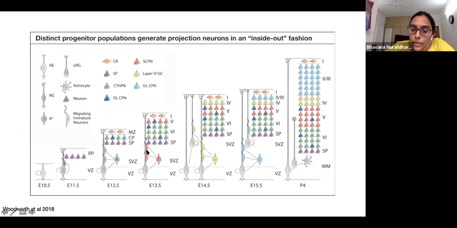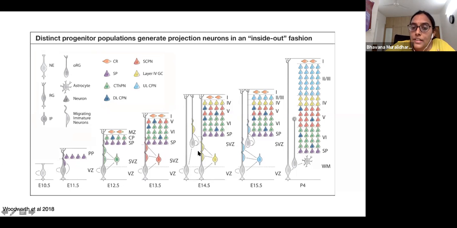There is this migration of the daughter cell through the radial glia, and then there is migration through all of these layers and going and sitting on top, and so on and so forth. So you make layer 6, then you make layer 5, which migrates past layer 6 and sits on top. You make layer 4 from the same progenitors at 14.5. Layer 4 will be formed, which will migrate past layers 6 and 5 and sit on top.